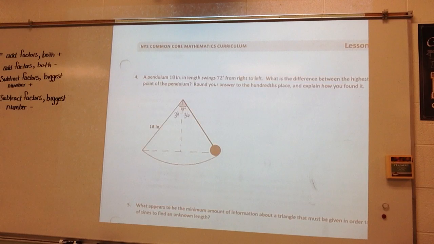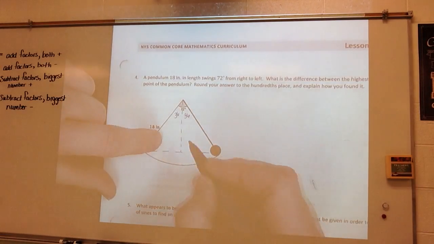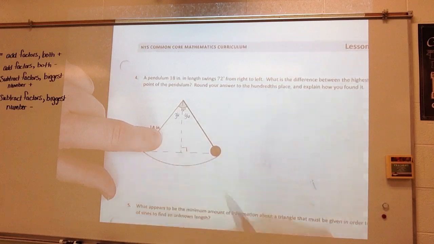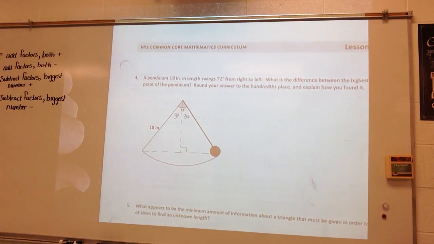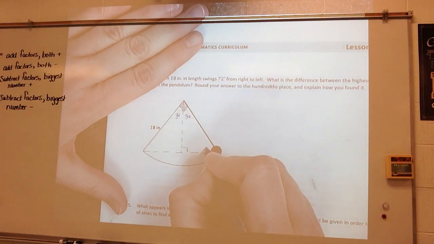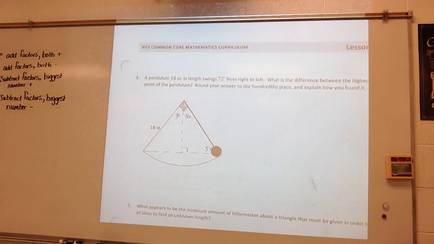By the triangle sum theorem, the angle formed by the pendulum and the horizontal is what? Well, if this forms a 90-degree angle, 90 and 36 give us what, 126? This would be 54 degrees. So now I can use this information.